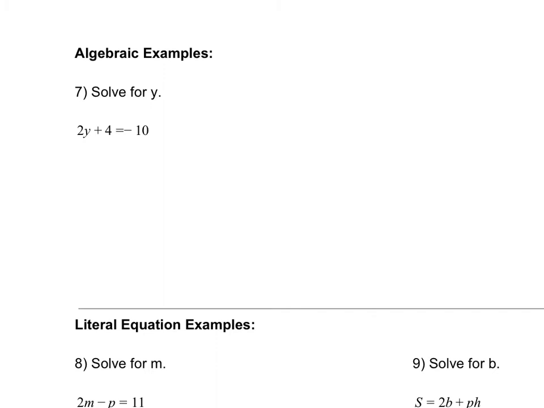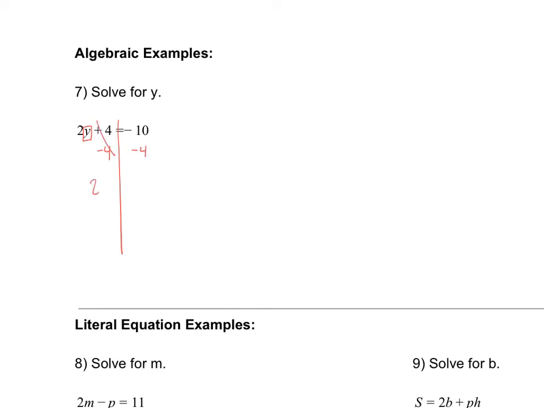So let's remember, if we're solving for this y, this is a 2-step equation. So I'm going to draw my line down the equal sign. I want to solve for y, get this y by itself. So I'm going to first subtract 4 from each side of the equal sign.